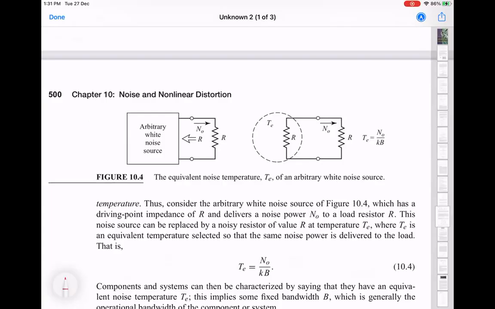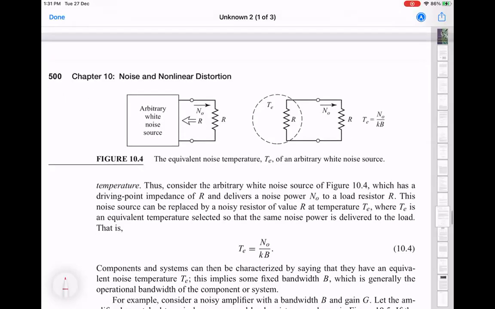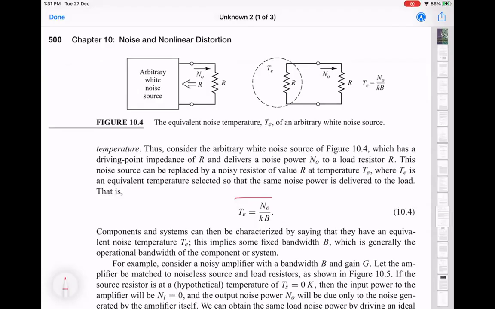So it's equivalent to having a resistor at that equivalent temperature, so that the power delivered to the matched load would be kT times bandwidth. So this is the mapping. So equivalent temperature is basically the noise power divided by kB, where B is bandwidth. This is not kB as sometimes we write for the Boltzmann constant, right? So this is not that.